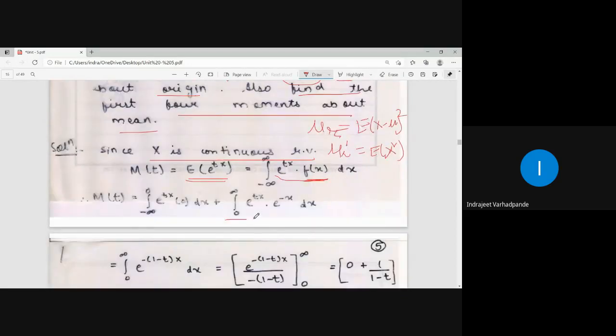So for x greater than or equal to 0, the limits of the integral are 0 to infinity, e to the power tx into e to the power minus x dx. E to the power tx is from the definition. The density function is f of x, which I have taken into account and multiplied.